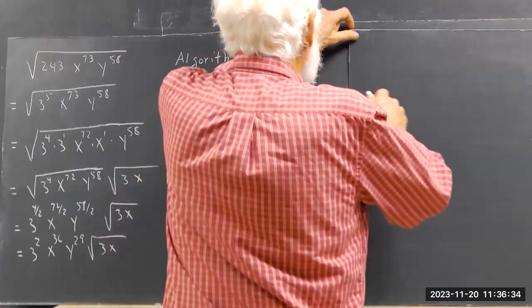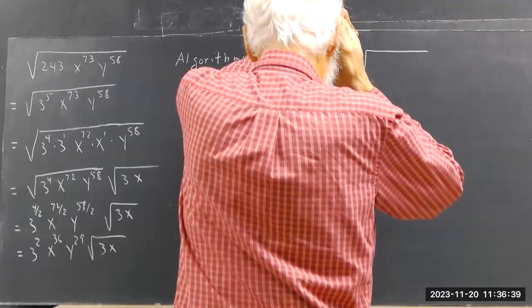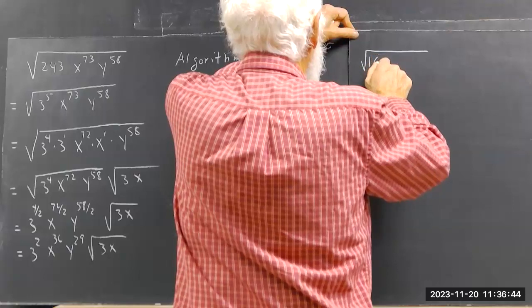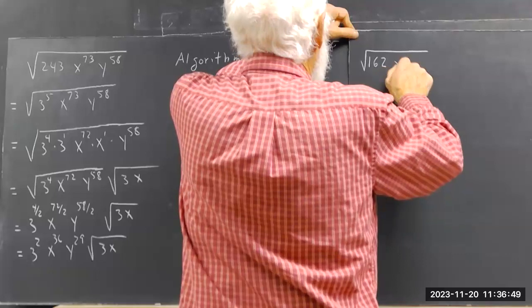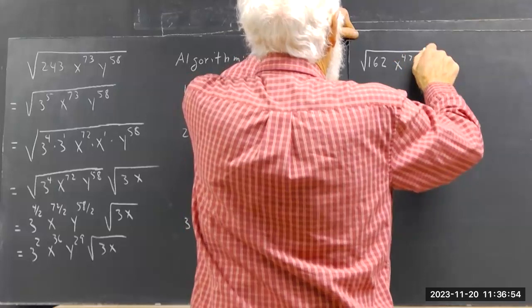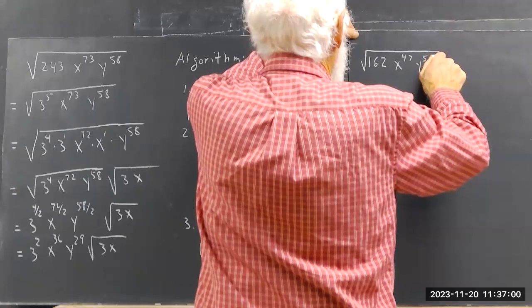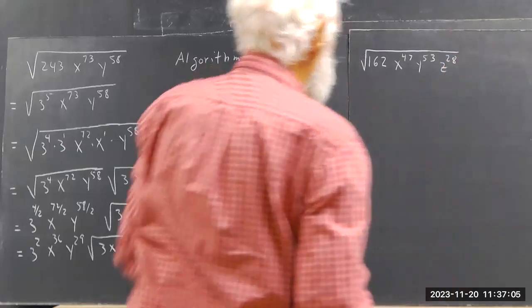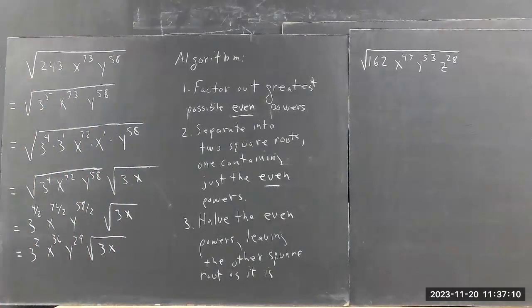We're going to do the square root of 162 x to the 47th y to the 53rd z to the 28th. Let's see how we do with this one.